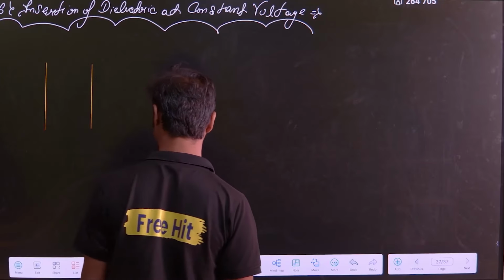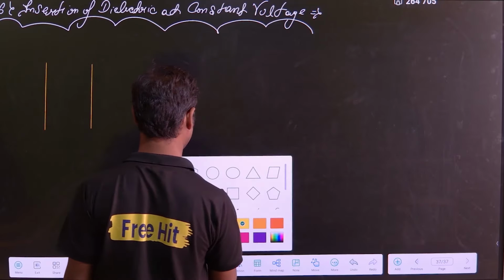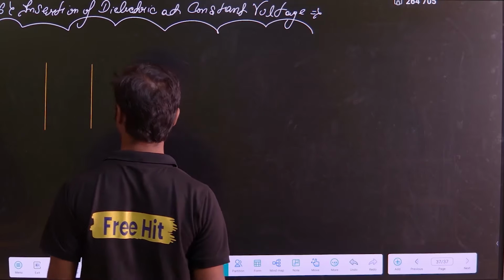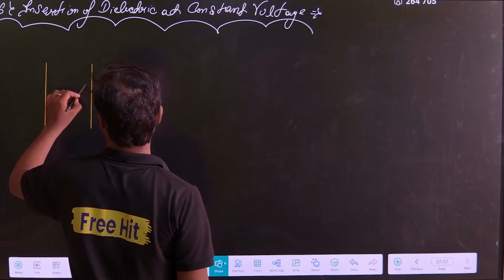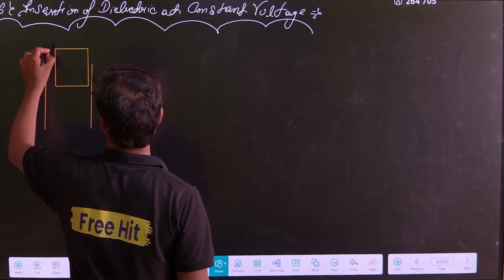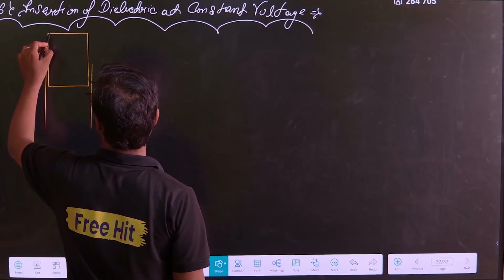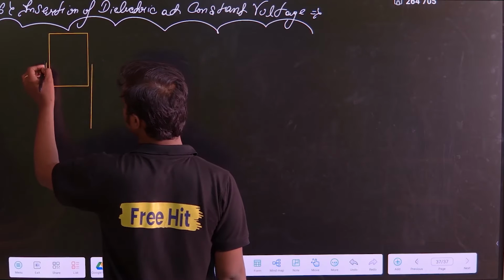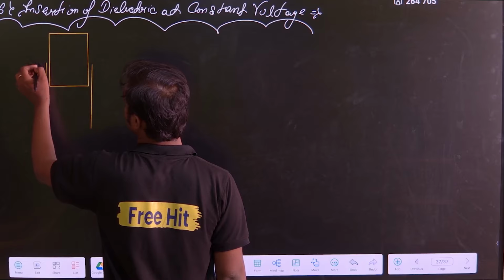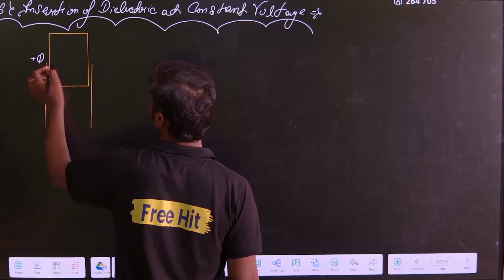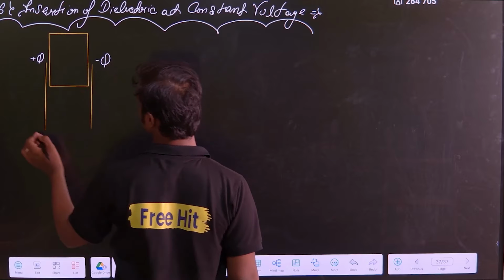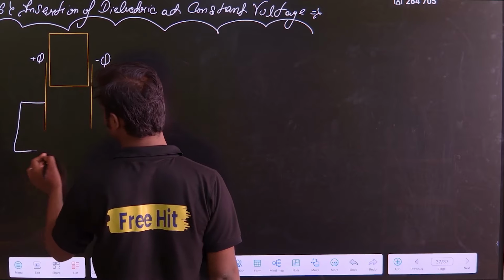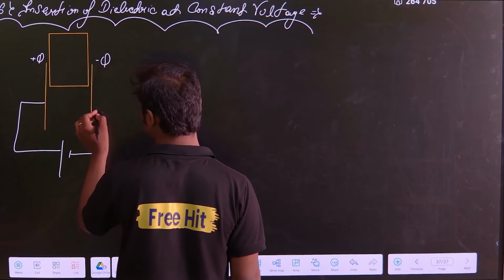So suppose this is my plus Q, this is my minus Q. Basically, for keeping the potential constant, we have to connect it with a battery.